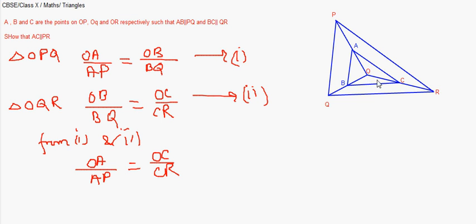That is a part of the triangle OPR, where we got the converse of the proportionality theorem proof, thereby making AC parallel to PR. So this you need to write using the converse of basic proportionality theorem.